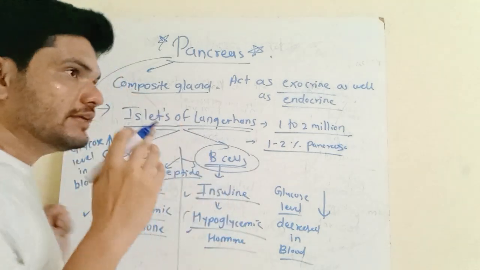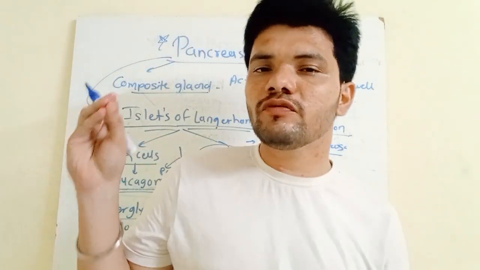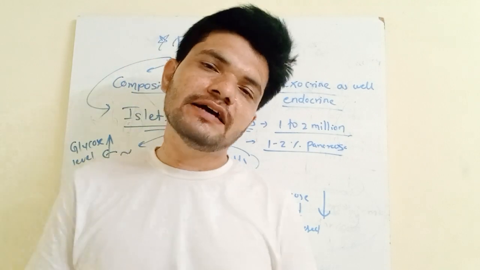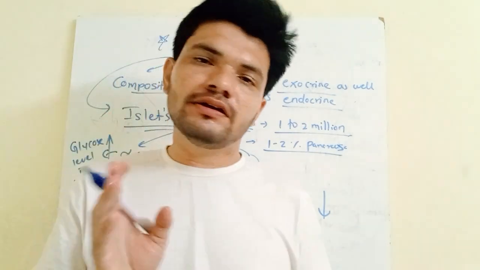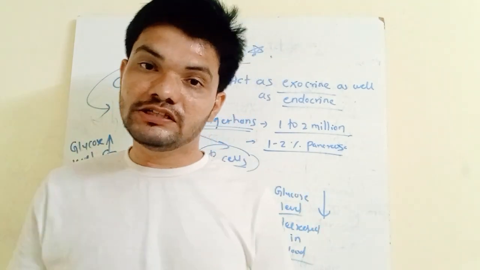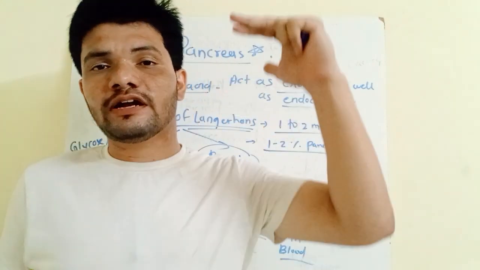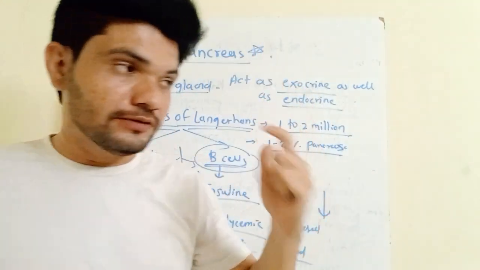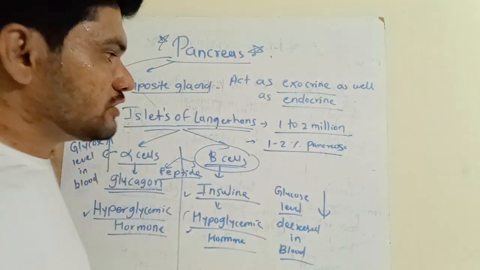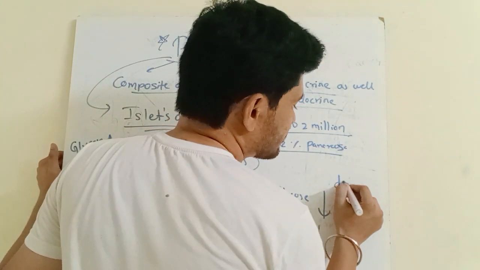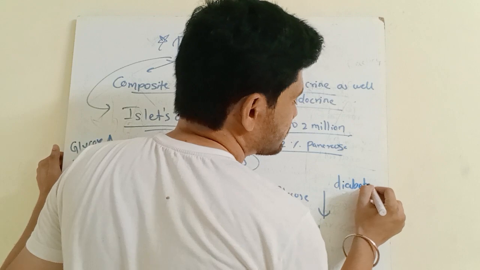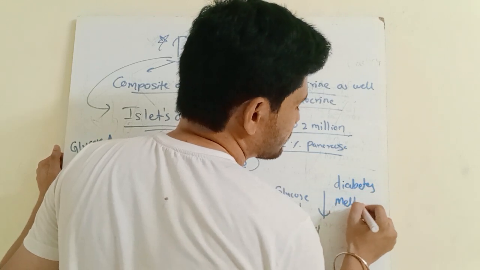Whenever your body is unable to produce enough insulin, or your pancreas is damaged, it will not produce enough insulin. So the blood glucose level keeps on rising, and that's why the person suffers from diabetes mellitus.